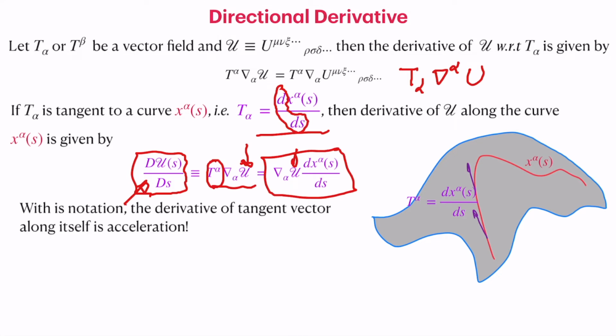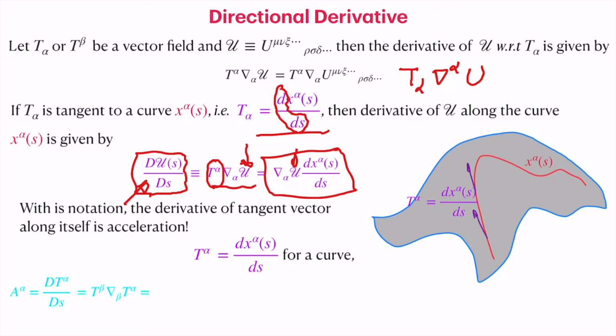Now with this notation, the first thing that comes to mind is the acceleration. In physics, we often call the tangent vector a velocity vector, that is T^α = dx^α/ds, which may be called a velocity if the curve is the instantaneous position of the particle with respect to the proper time.